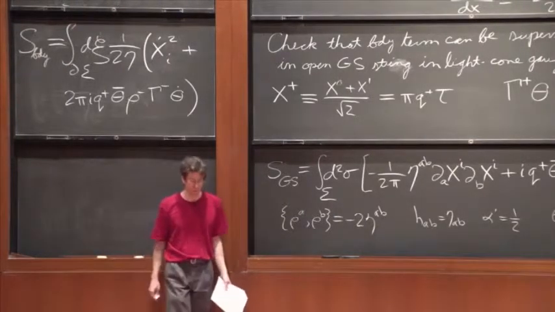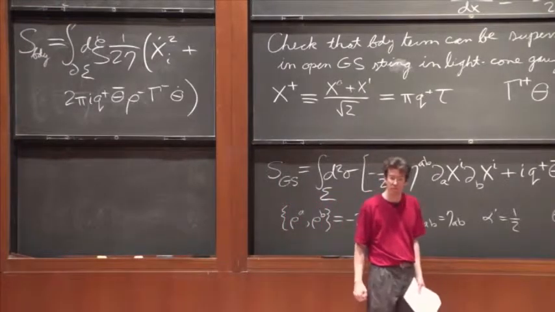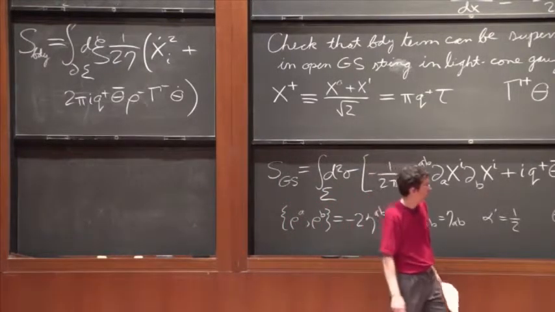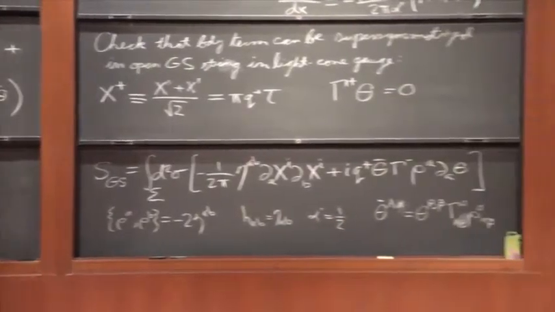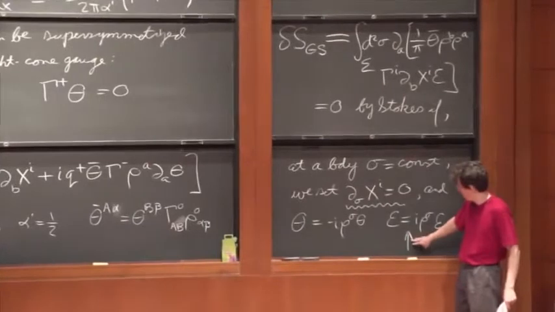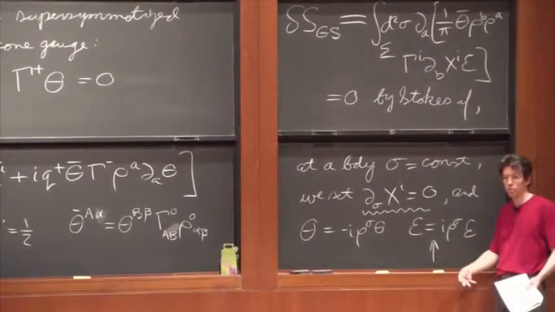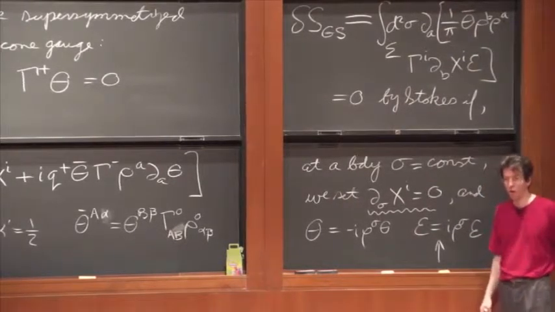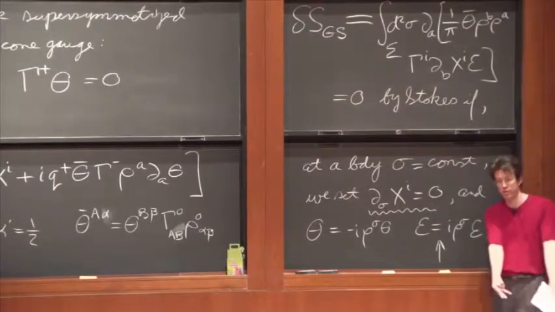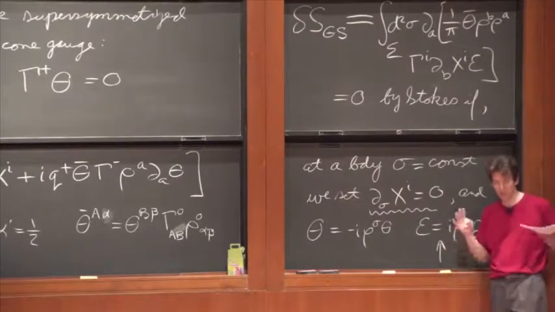Yes? Why couldn't you have chosen a different boundary condition to make sure that it is consistent? Well, briefly, the one that matters is this one, because you're saying what supersymmetries out of the possible variations of the fermions actually are supersymmetries of the theory. And you want the answer to be that there are 16 supersymmetries because this is type 1 string theory.